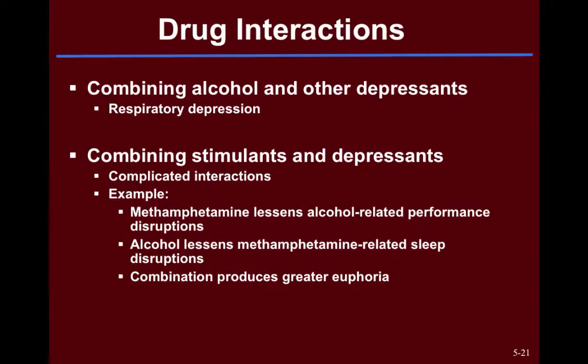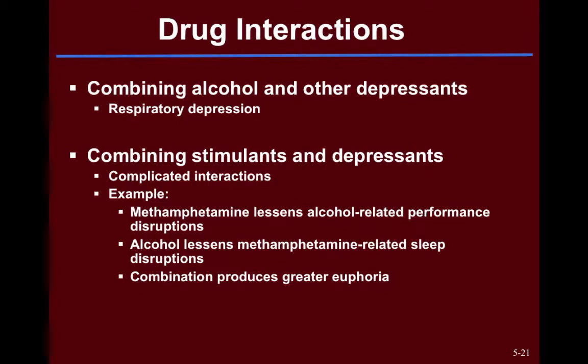So there's an example here for methamphetamine and alcohol. Meth is going to lessen the performance disruptions related with alcohol, so that slowed reaction time that we covered in a previous slide. Now alcohol is going to lessen the sleep disruptions that can be related to meth abuse.